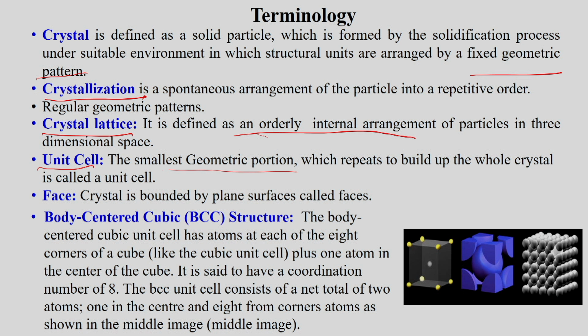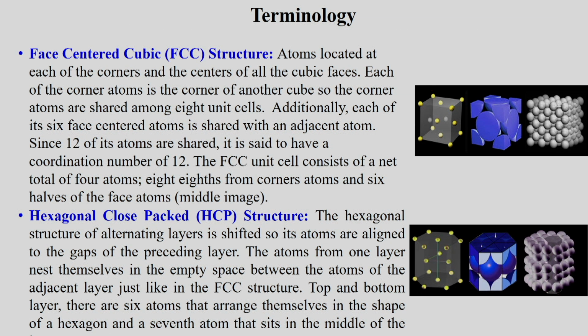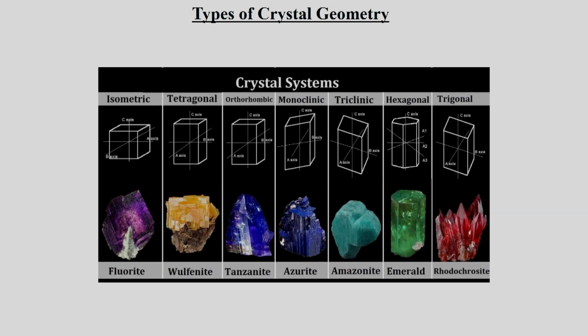Then we have the body centered cubic crystal, the face centered cubic crystal, and hexagonal close packing. Okay. The 7 different crystal systems are isometric, tetragonal, orthorhombic, monoclinic, triclinic, hexagonal, and trigonal.